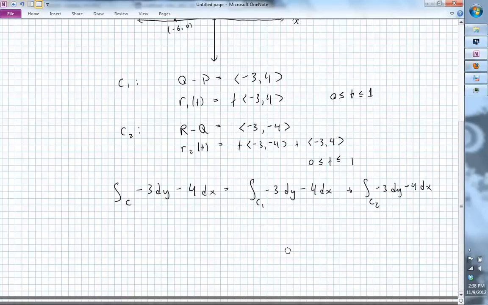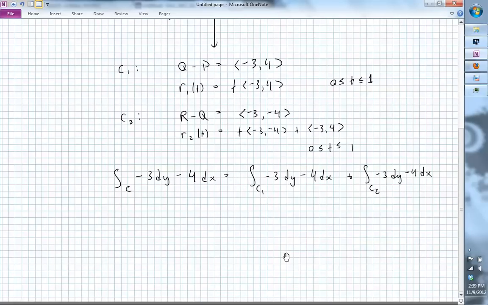I'll do one of these and I'll let you do the other one. So the integral over C1 of -3 dy minus 4 dx. The way to do this is to integrate from 0 to 1, -3.